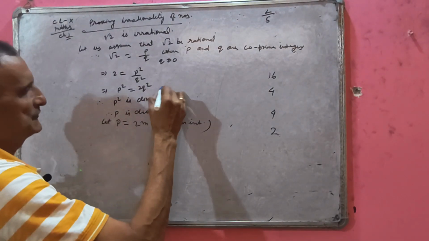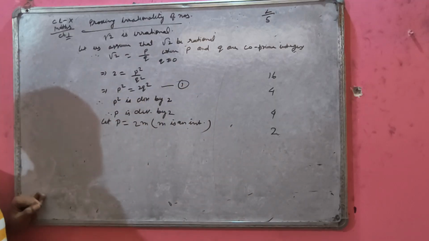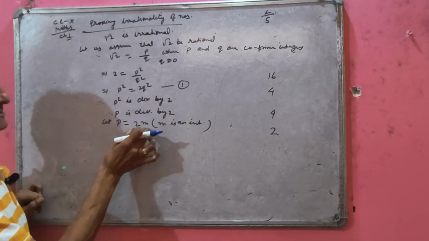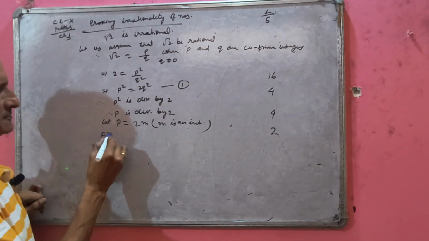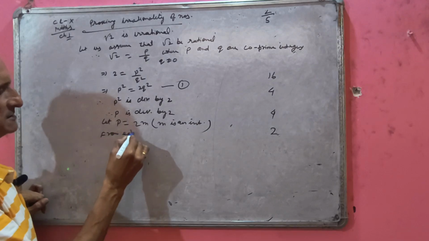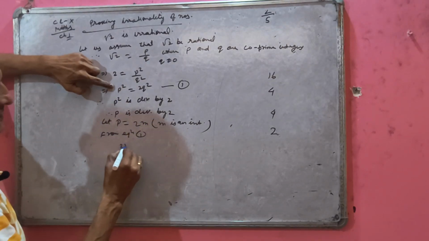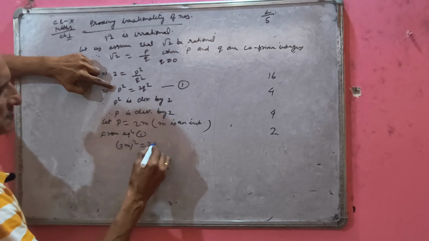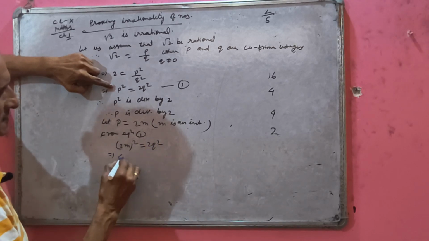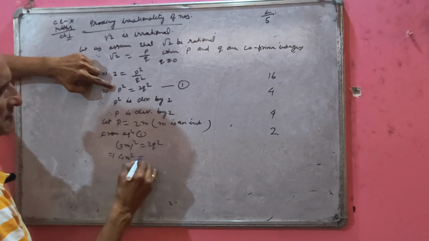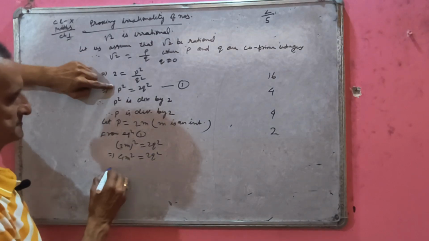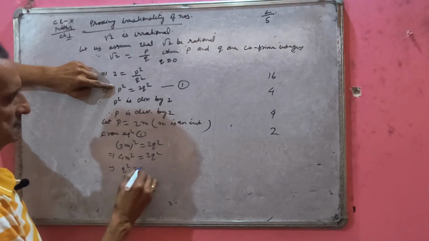Now from equation 1, you can replace p by twice m. What will we get? Twice m whole square equals twice q square. So 4m square equals twice q square. So what is q square equal to?